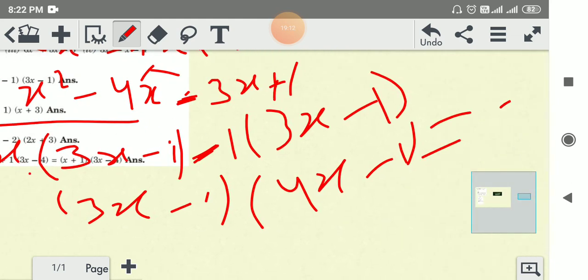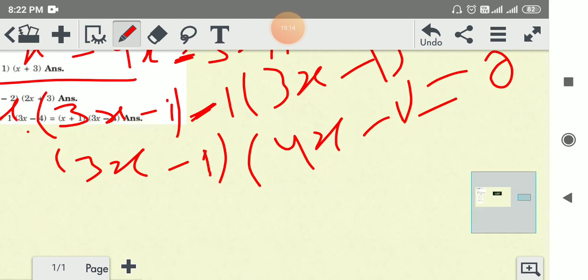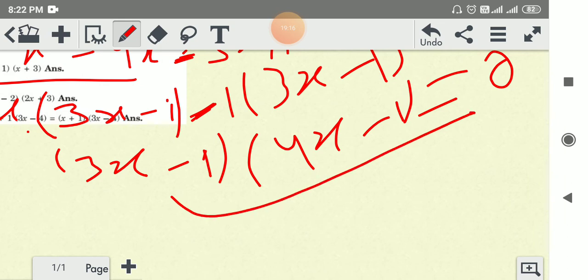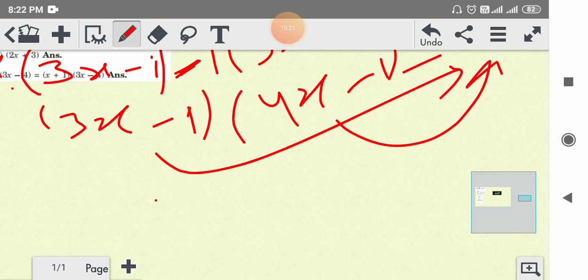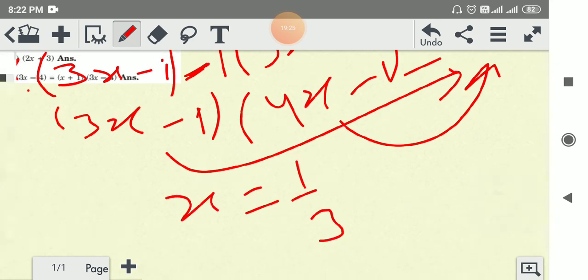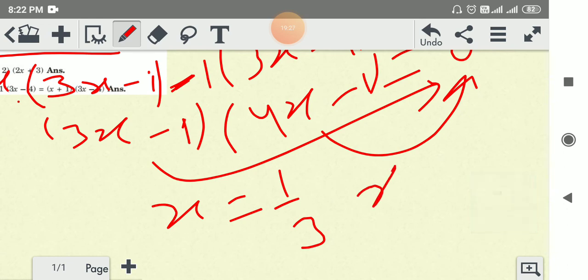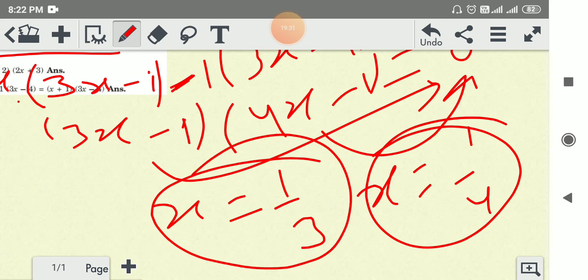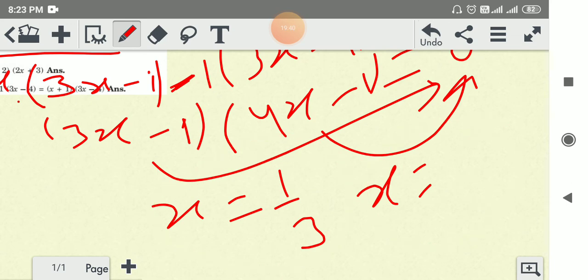If this is equal to 0, then this is equal to 0 and this is also equal to 0, so we get x is equal to 1 by 3, and here we get x is equal to 1 by 4. This is our answer, but here we do not need to find values.